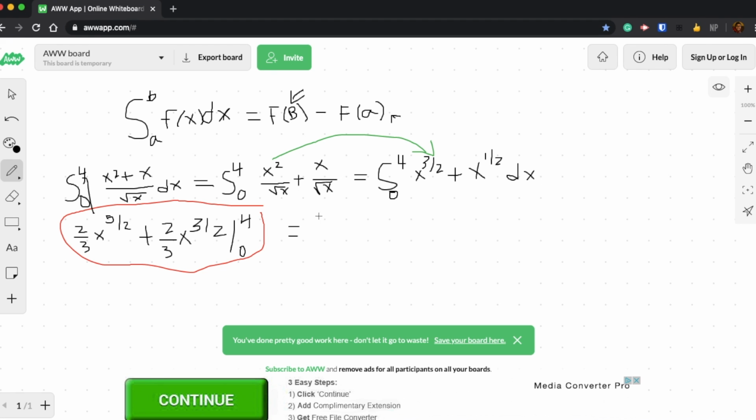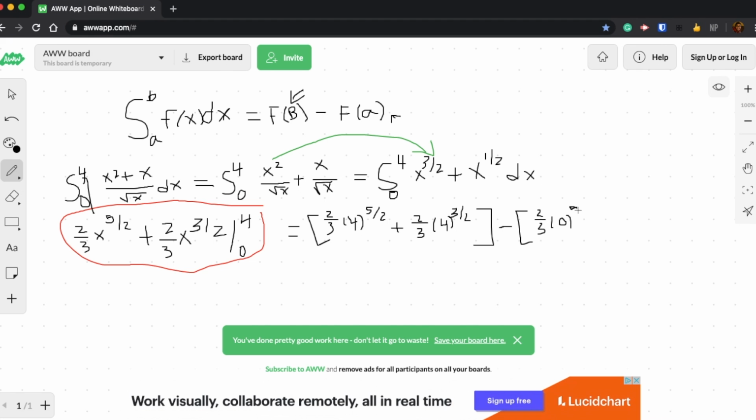So it'll look like this: 2/5 times 4 to the 5 halves plus 2/3 times 4 to the 3 halves, minus, now this is the lower bound, 2/5 times 0 to the 5/2 plus 2/3 times 0, sorry for messy handwriting, to the 3/2.